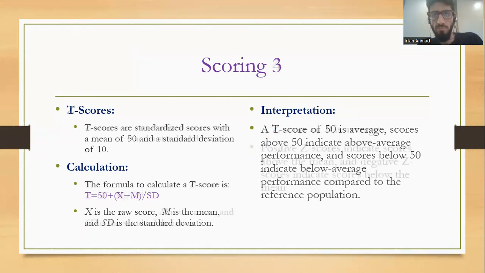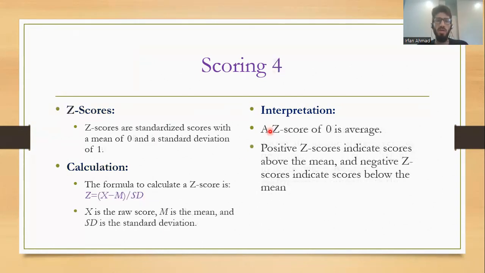Now coming to scoring number 4, this is called the Z-scoring method. The Z-score is a standard score with a mean of 0 and a standard deviation of 1. Here the formula is Z is equal to x minus m divided by standard deviation. It's the same here: x represents the raw score, m represents the mean of the domain score, and the standard deviation is the same.